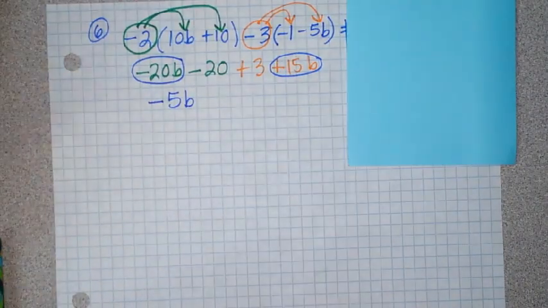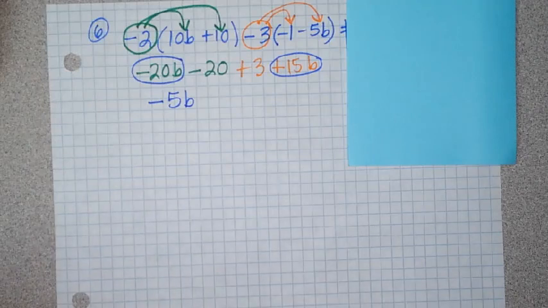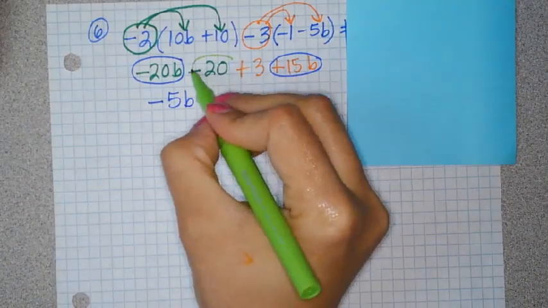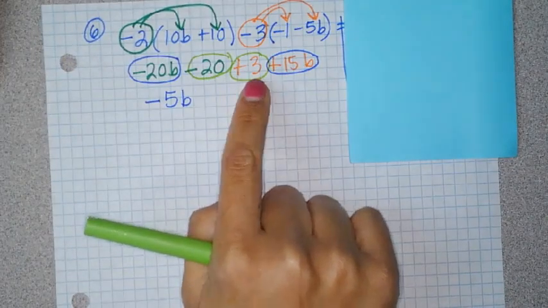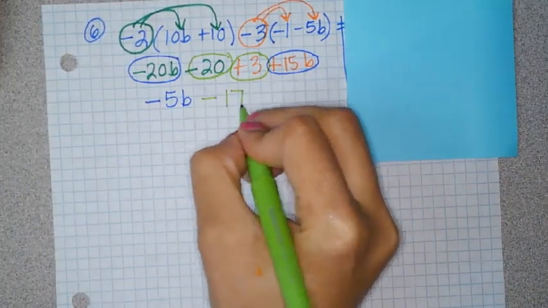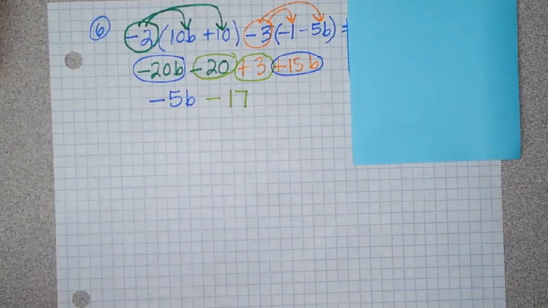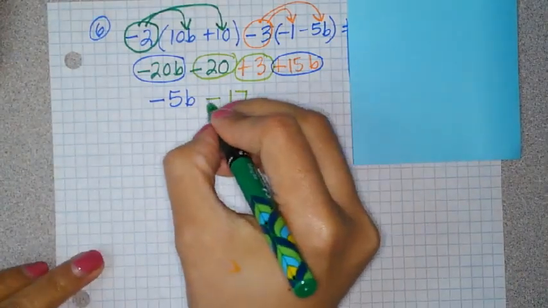Then I have these two that are constants that are also like terms. So negative 20 and positive 3 will give me negative 17. Let me make that negative 17 a little bit darker.